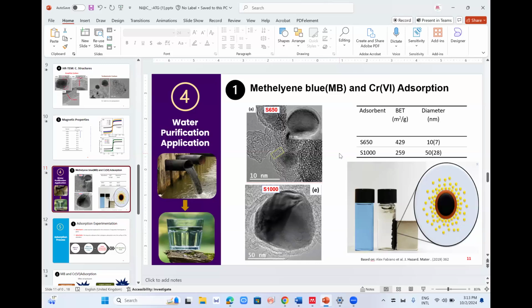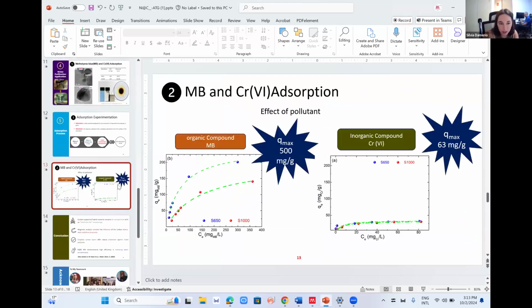But then why is it not the same also for chromium 6, if in that case the two types of particles perform the same? I think in the second graph on the right here, you are speaking about the different contaminants that we used. Why don't we have chromium like methylene blue? Exactly, if it's just the size of the particle, I would have expected it to be the same for the two contaminants. Well, methylene blue is an organic material.